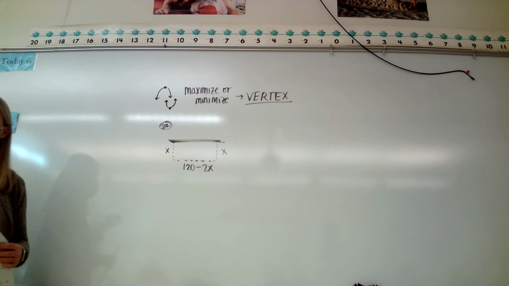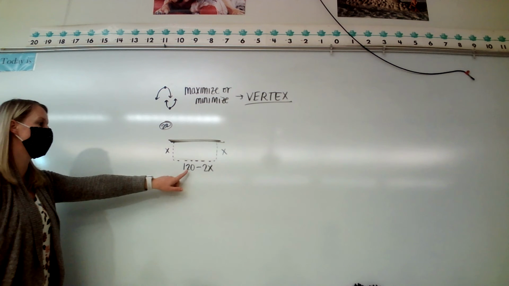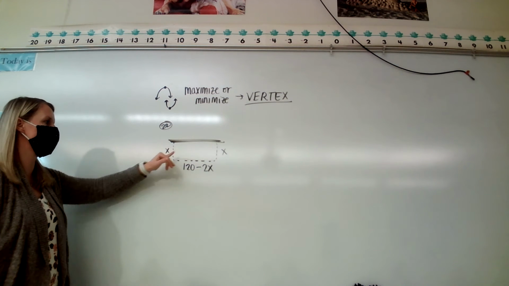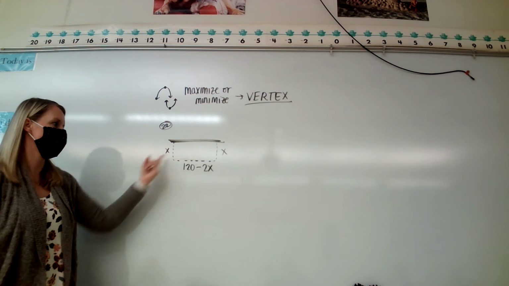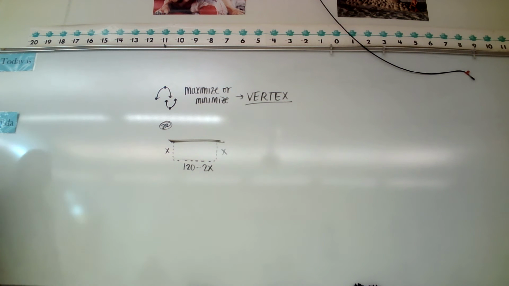Whatever's left over is what I have for that width, right? So what I'm saying is 120 is the total fencing that was given to me in the problem. And then I'm going to subtract these 2 sides. And then whatever's left is what I can use across. We need to write an equation off of that.